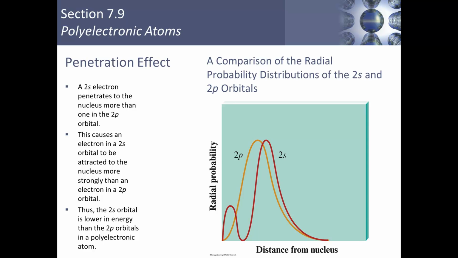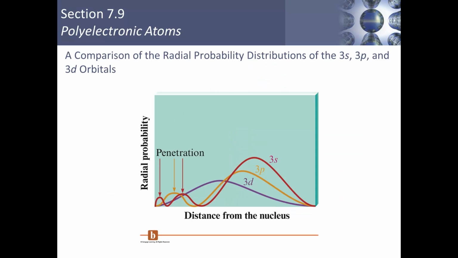This penetration effect causes the electron from a 2s orbital to be attracted to the nucleus more strongly. The 2s orbital is therefore lower in energy than the 2p orbital. We see a similar result in other principal quantum levels.